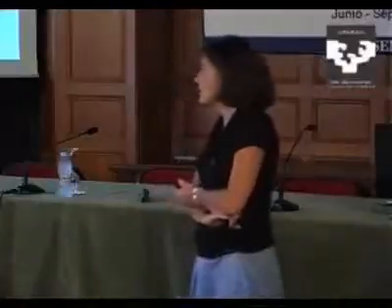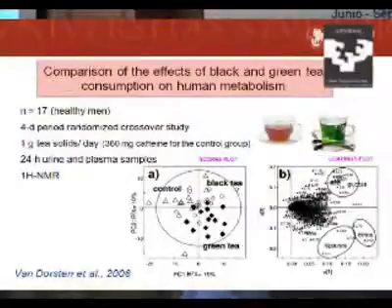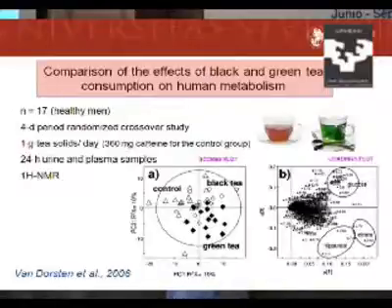This study was performed with 17 healthy men, in a crossover study design. People were given 1 gram of tea solids per day, and as a control group they used the same amount of caffeine that is in this tea. They collected 24-hour urine and plasma samples, fasting samples, and they analyzed the samples with NMR.